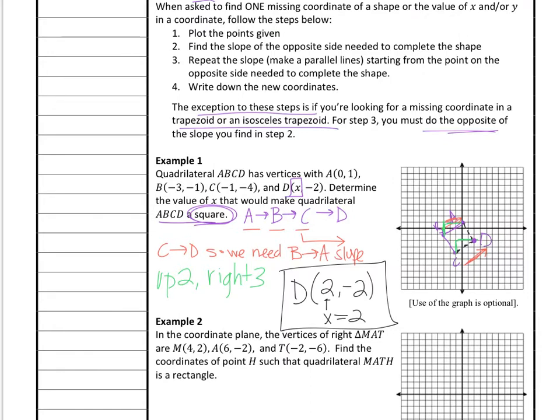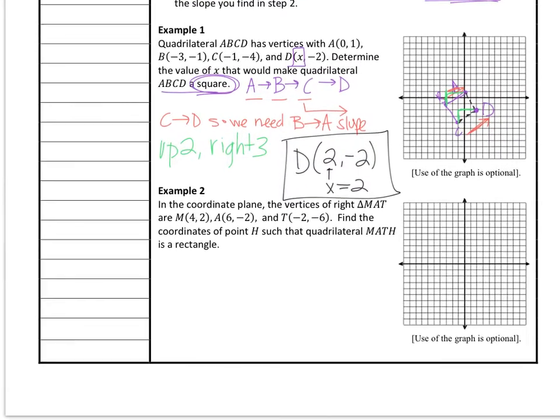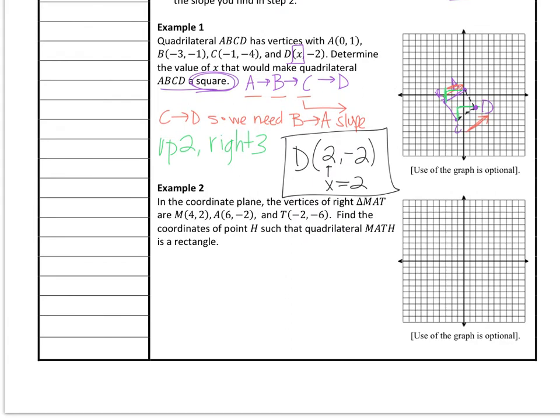Okay, so start by plotting example 2, M, A, and T. We have M at 4, 2. A at 6, -2. And T at -2, -6. So I'm connecting these, and notice that it says that it's a right triangle MAT.